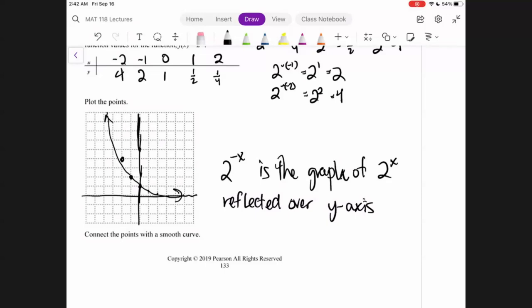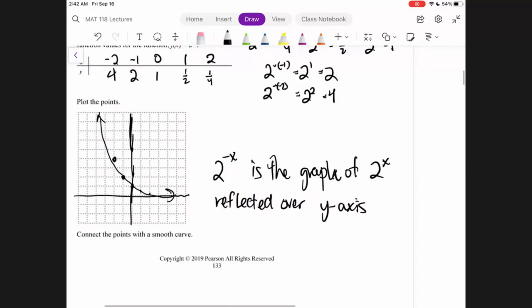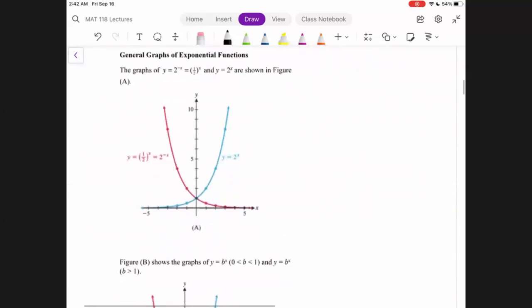Okay. And we kind of see that down here. And this summarizes it. We have 2 to the x for the blue line. We have 2 to the negative x, okay, which you can kind of simplify to this. If you want to think of it as 1/2 to the x, that's fine.